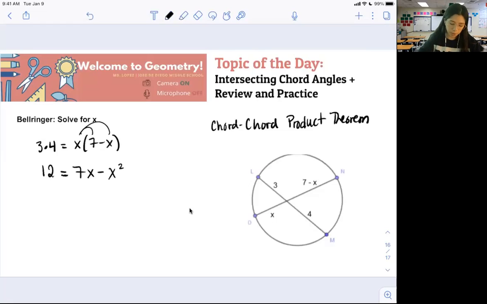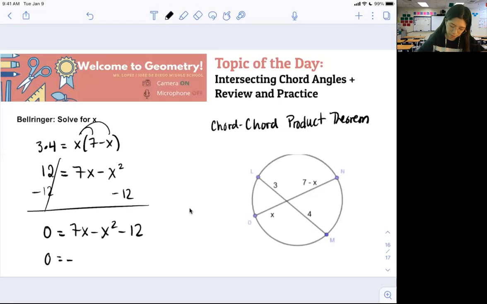If I move the 12, if I say minus 12, I would get 7x minus x squared minus 12. When I rearrange it, this is going to be negative x squared plus 7x minus 12. We don't want this negative, because in order to factor, you have to have a positive value.